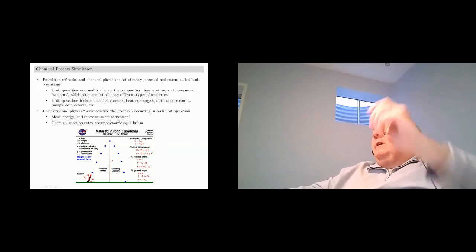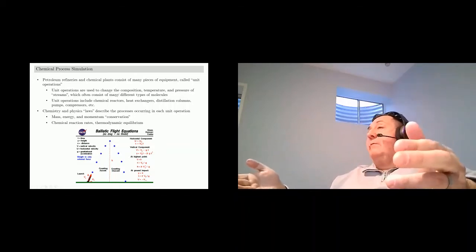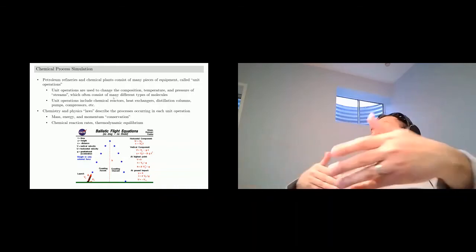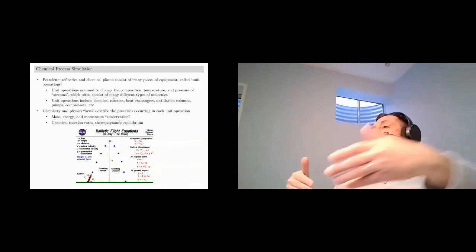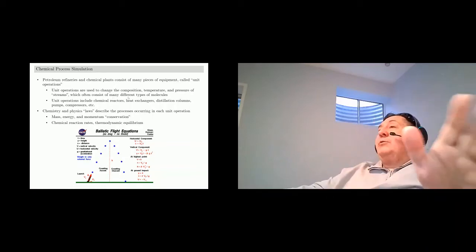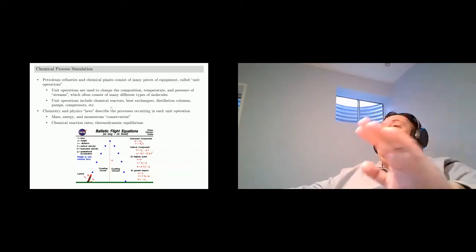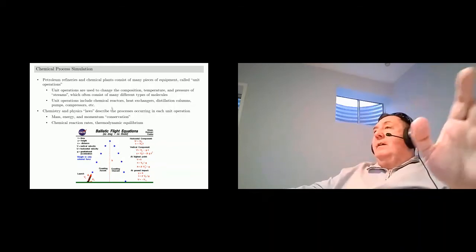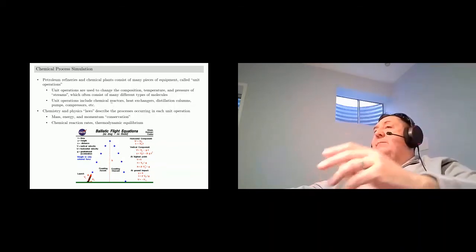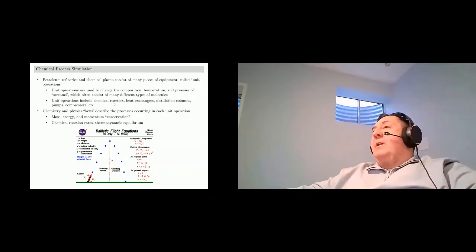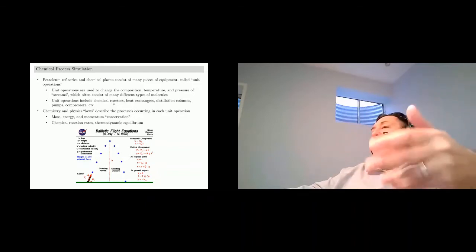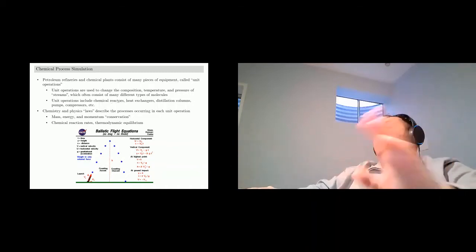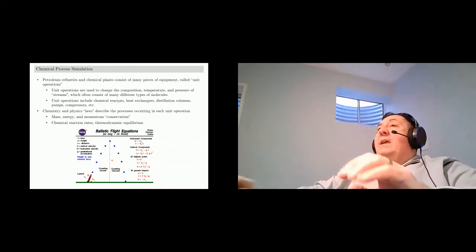But if you're dealing with, for instance, a petroleum refinery, you can have different types of streams that are portions of, effectively, an oil barrel. And each stream can consist of many, many molecular types. So you could have essentially an infinite number of molecular types, ranging from light molecules like hydrogen and methane and ethane and propane, all the way up to molecules that have tens of carbon atoms in them.